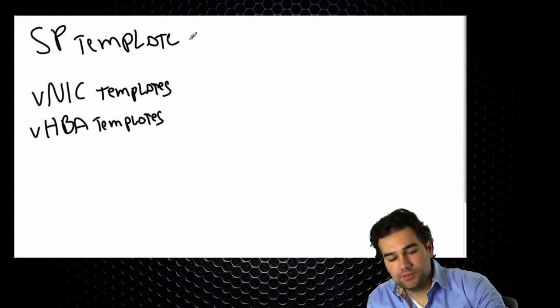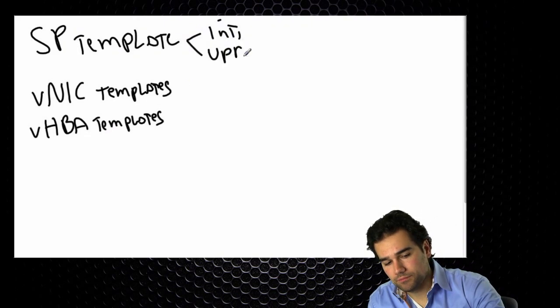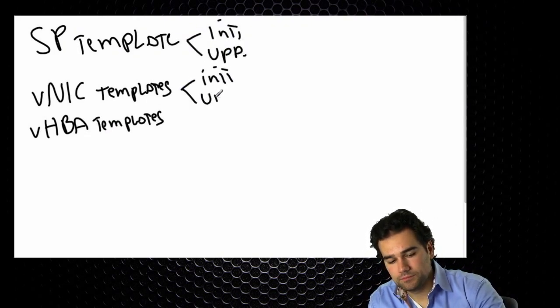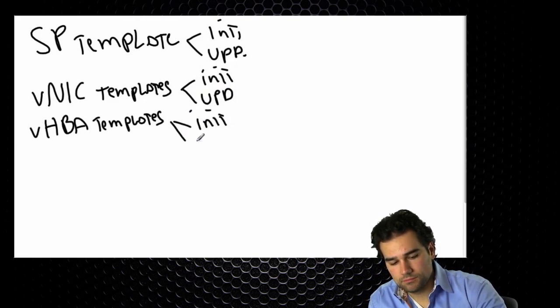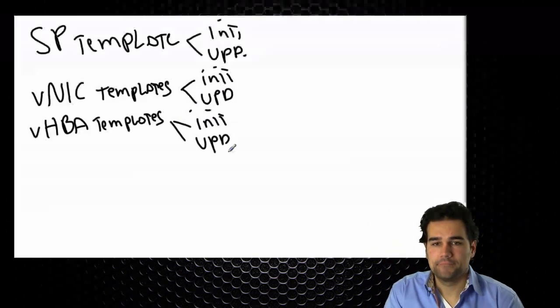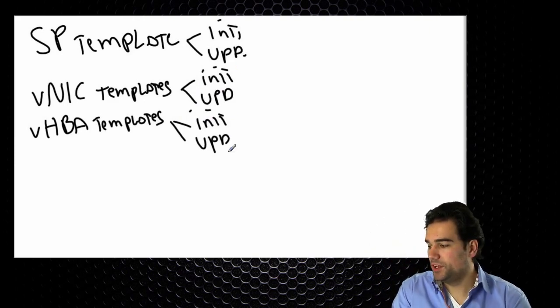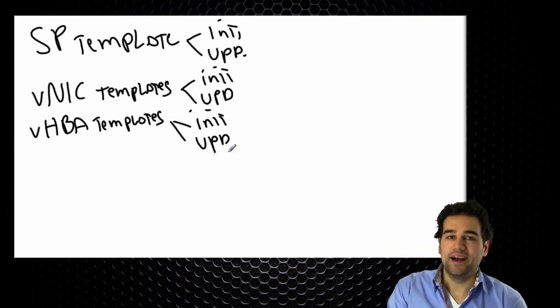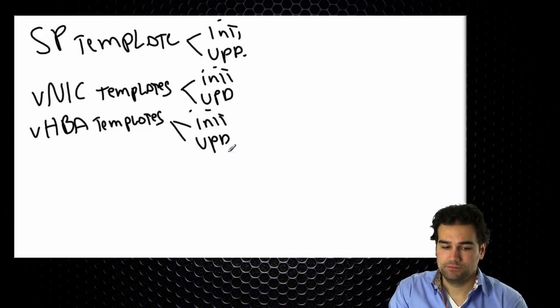The vNIC and the VHBA templates can be initial or updating templates. So both initial and updating templates here. I can mix and match this.